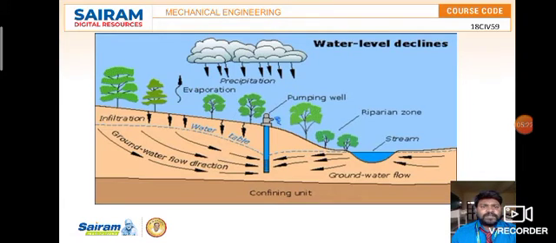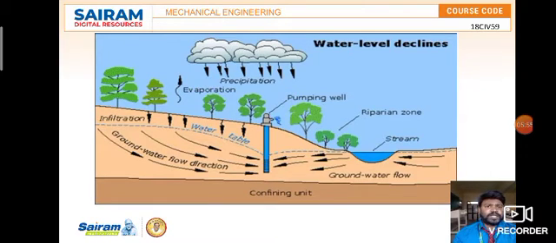Then infiltration happens through the pores on the earth's surface, and the water enters through them. You can see the groundwater flow direction shown there. The entire water flowing underneath the earth is the water table. Below the water table the groundwater flow takes place, and in between there will be a stream.